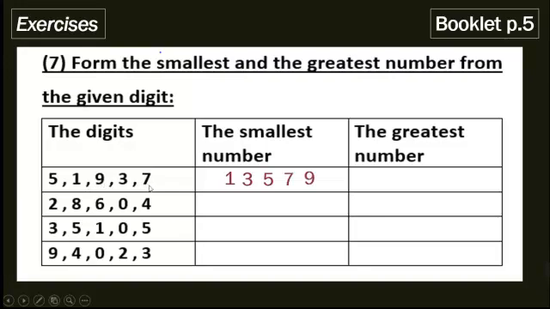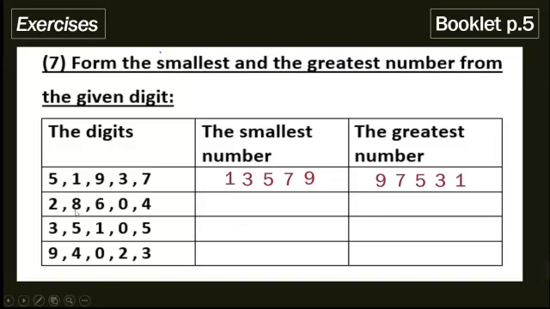But I will not put commas, okay? Because I want it as a whole number. So I will get 13,579. What about the greatest? I will arrange them in descending order. So they will be like this: 97531, or 97,531. And don't forget, we will not put the commas because I want a whole number.